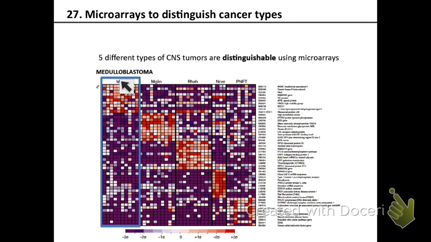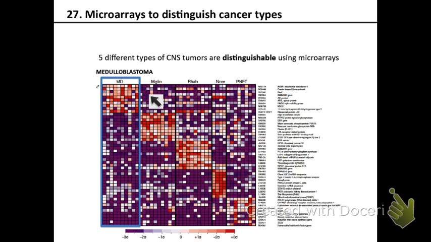So this is medulloblastoma. It's a type of tumor that is different from glioblastoma. No, is that a blastoma? I can't remember. Some other type of cancer. And then in each row, you have the expression of a set of genes that are expressed in these cells, right? And this set of genes' expression is similar between the 5 different types of CNS tumors.